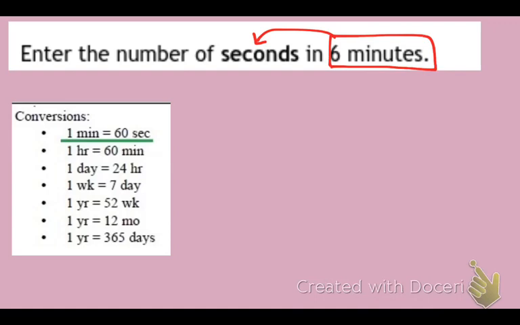So again, take our known, 6 minutes, set it over 1. We're going to multiply that by a factor of 1. So minutes is going to go down on the bottom because the minutes is on top next to the 6.